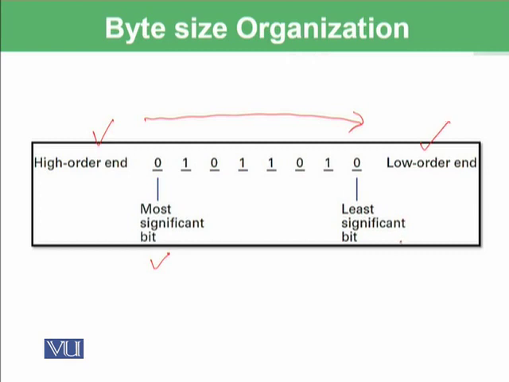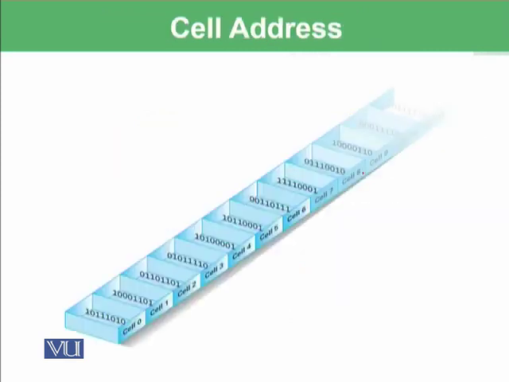So it is similar to how we store data in decimal. For example, when you say 2500, this 2 is the most significant in decimal because it is representing 2000. Similarly, in this bit pattern, the leftmost bit is known as the most significant bit.